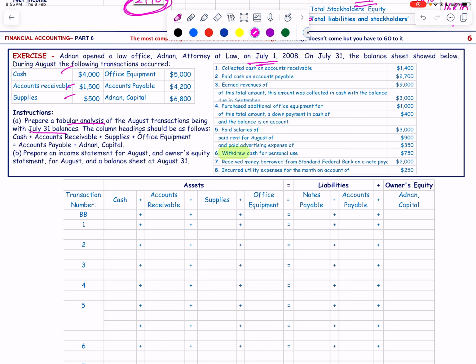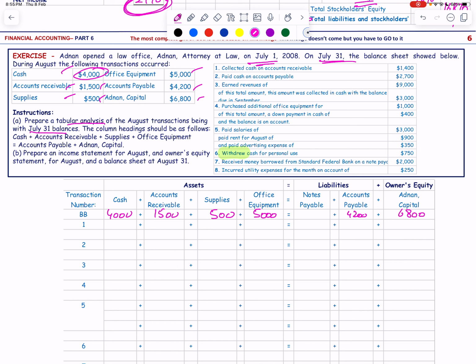So we have cash 4,000, accounts receivable 1,500, supplies 500, office equipment 5,000, accounts payable 4,200, and Adnan capital is 6,800.